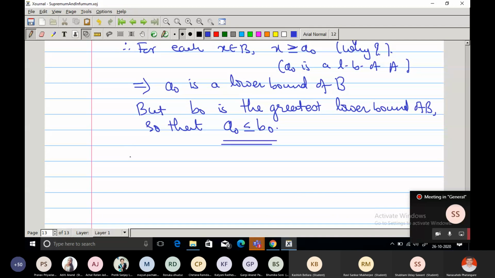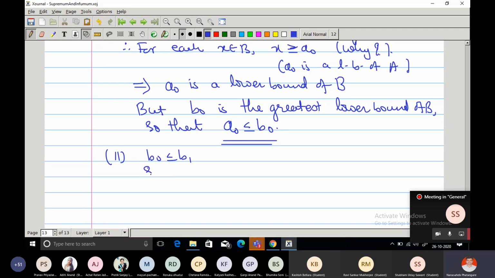Now B0 ≤ B1 is obvious, right? So B0 is less than or equal to B1. Why? Because the supremum of a non-empty set is always greater than or equal to the infimum, meaning a lower bound is always less than or equal to an upper bound.